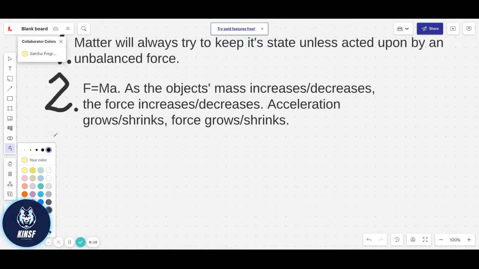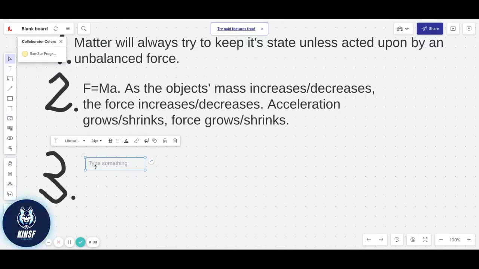Okay, so we'll go on to Newton's third law of motion. Newton's third law of motion is basically the simplest law of motion, at least in my terms.